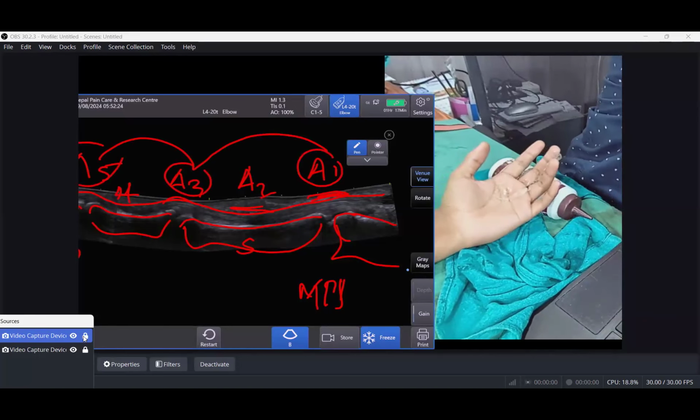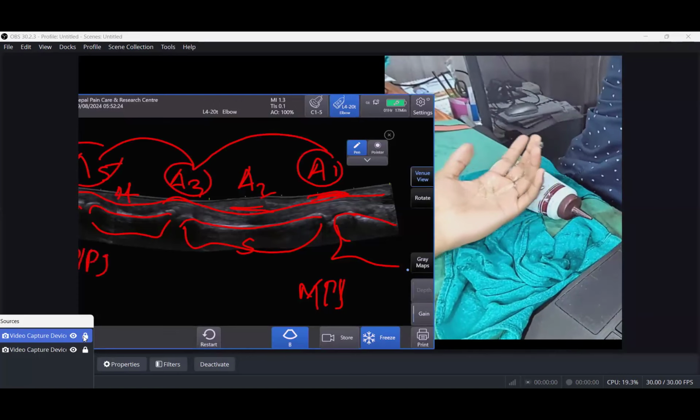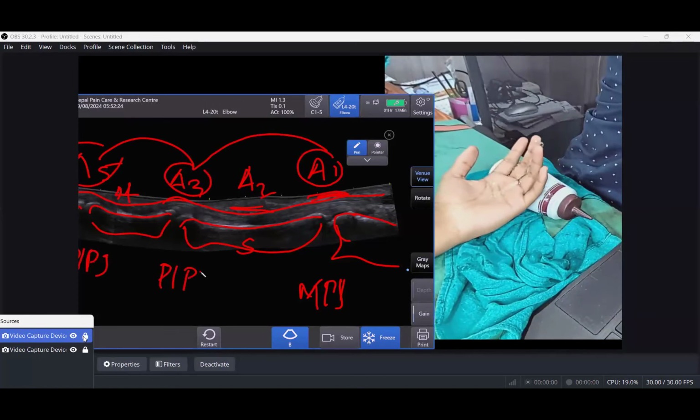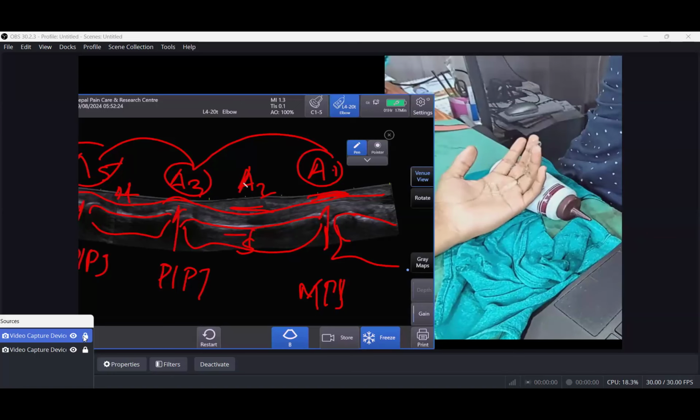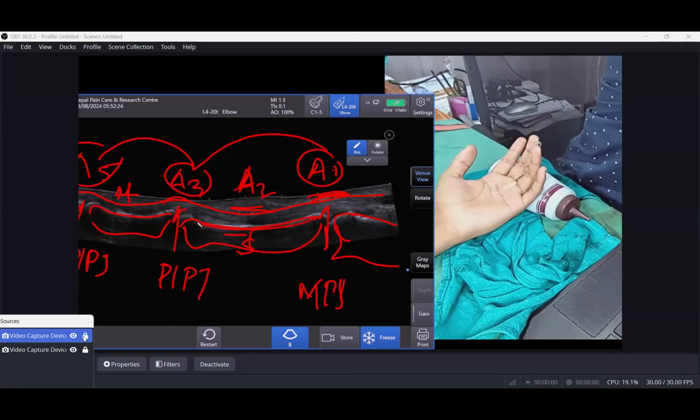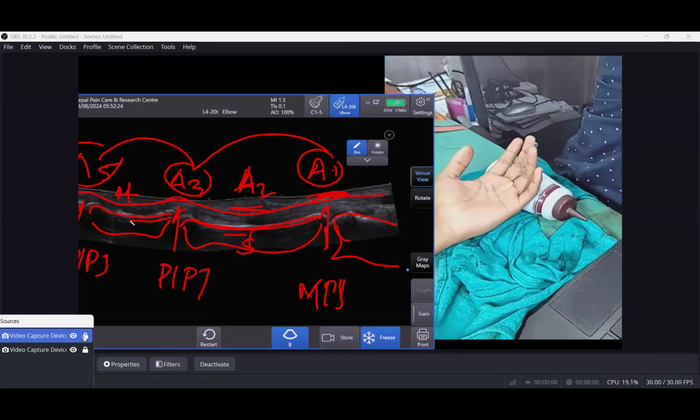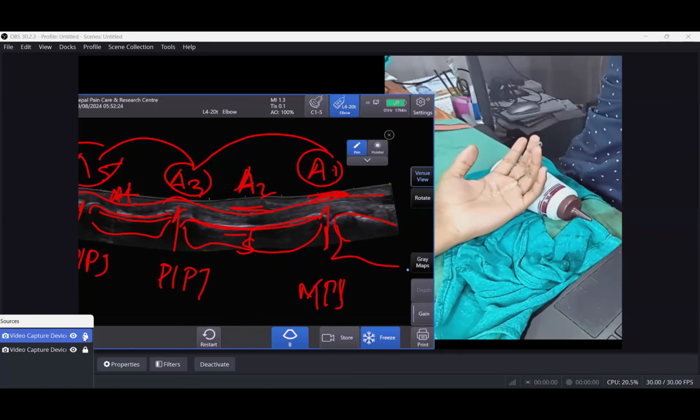This is the distal interphalangeal joint, and this is the proximal interphalangeal joint. Even number pulleys are over the shaft. A2 pulley is over the shaft of the proximal phalanx, and A4 pulley is over the shaft of the middle phalanx. And cruciform pulleys are crisscross pulleys from one pulley to another pulley. So this is the cruciform pulley.